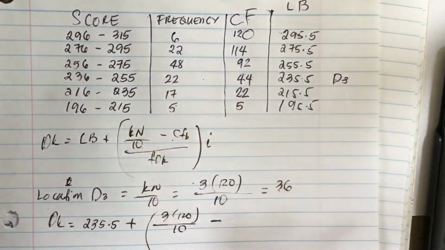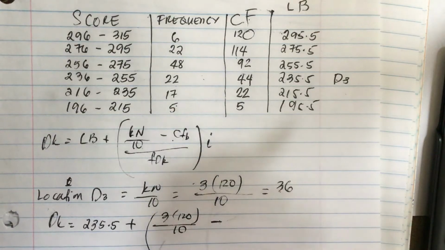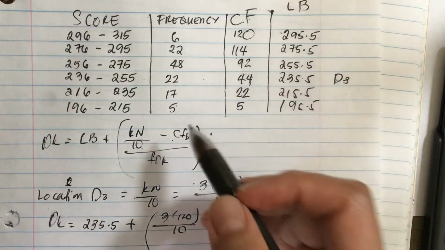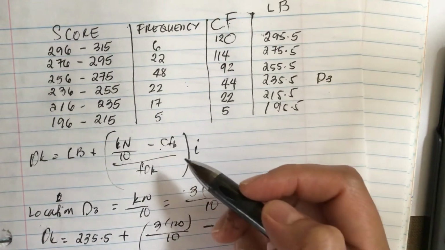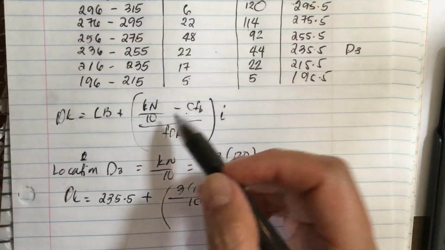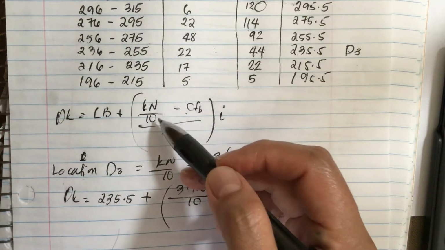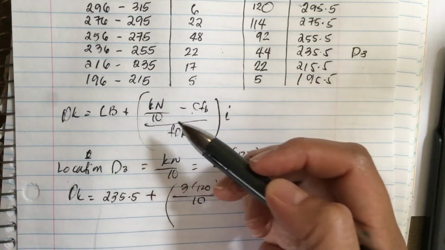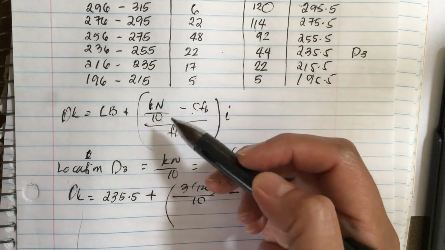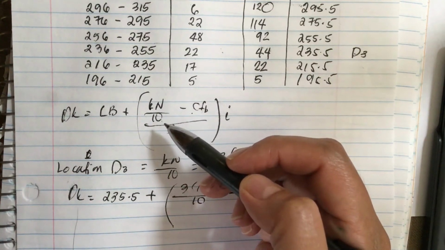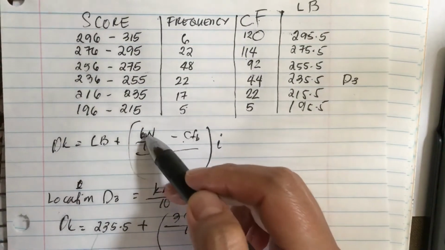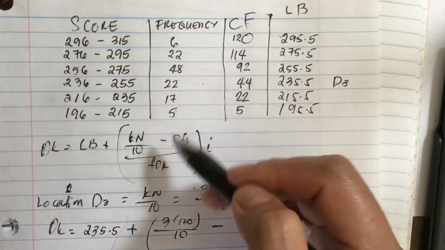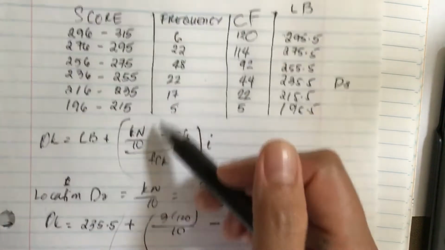Now let's learn the meaning of the formula. LB is the lower boundary of the D class, K is the 3, and N is the number of entries or total number of students.